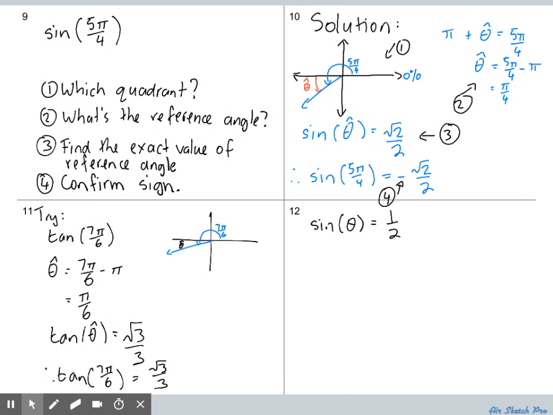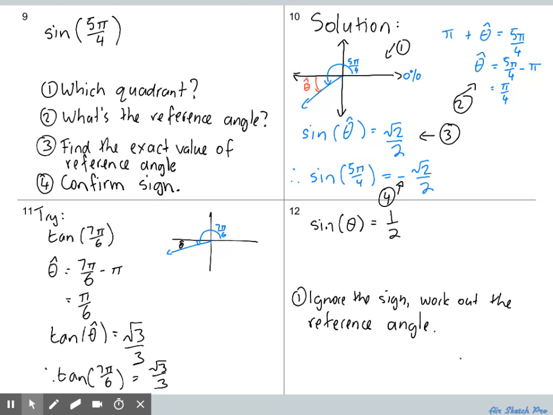step we do when we're trying to find out what theta is: Number 1, ignore the sign, work out the reference angle. Now, it could be that the reference angle is a solution, but it could be that it's not.